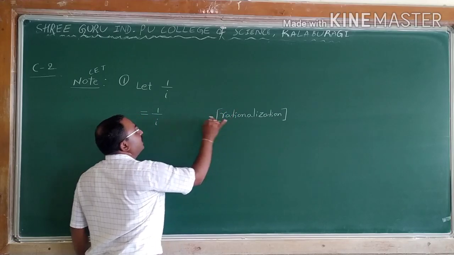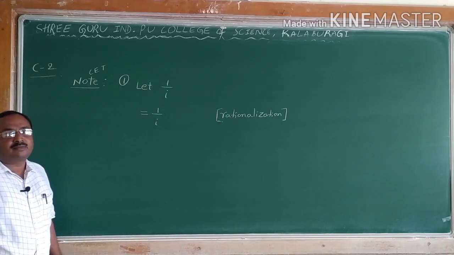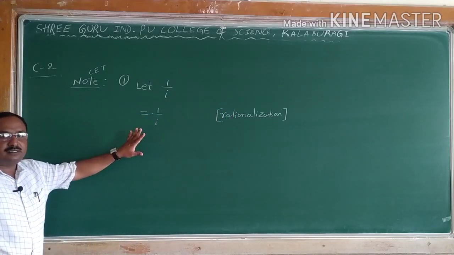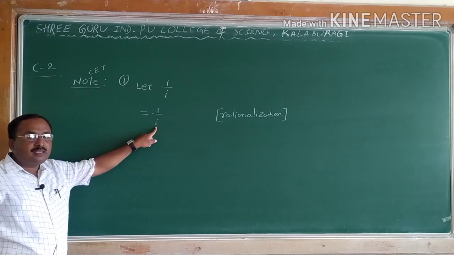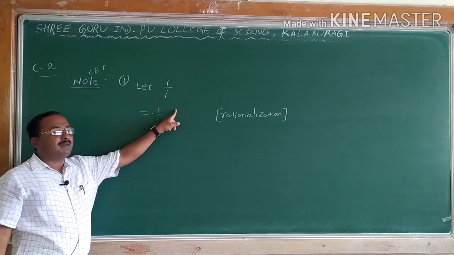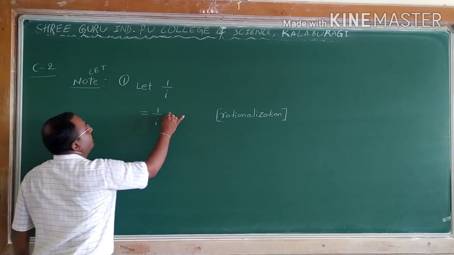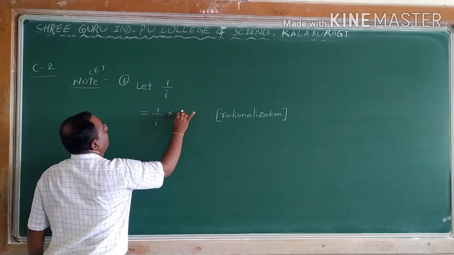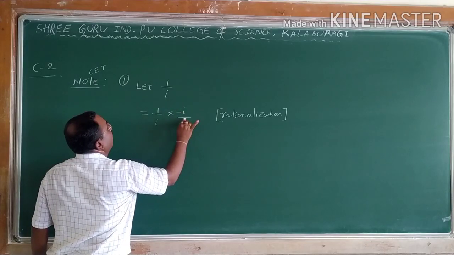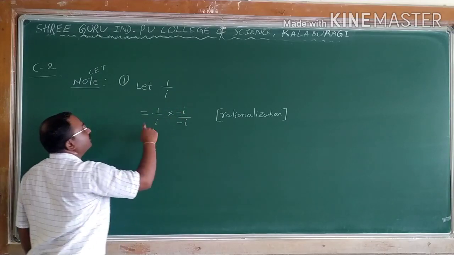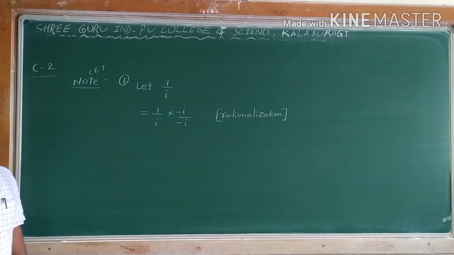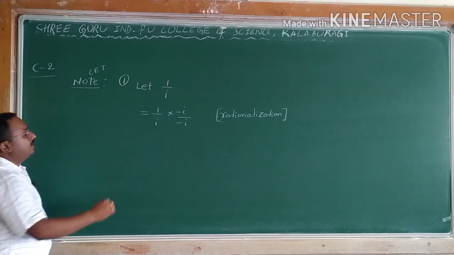Do you know that rationalizing the function, denominator that is i, multiply and divide with opposite sign. Here multiply by minus i, divided by minus i, plus becomes minus.